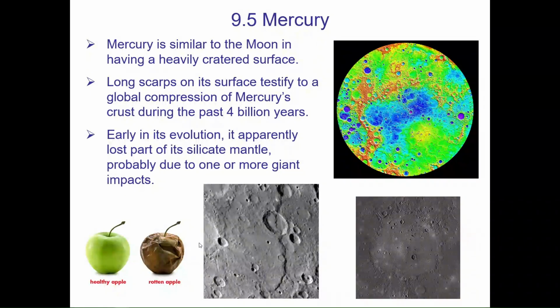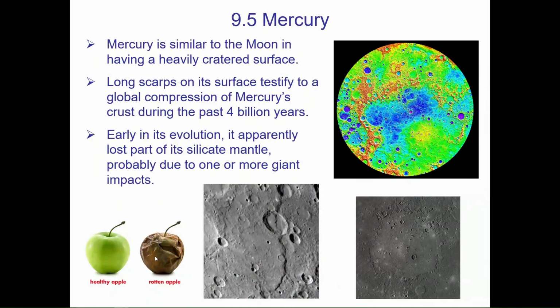I actually have an example to help you understand better why these long scarps can form on Mercury. If you look at these two apples, this is a healthy apple, and this is a disgusting rotten apple. You can see the difference between those two apples. Of course, if you put an apple outside for a very long time, the inside of the apple will lose a lot of moisture, right? So the inside of the apple will begin to compress and shrink.